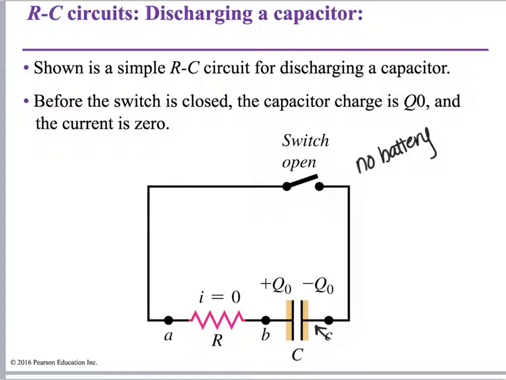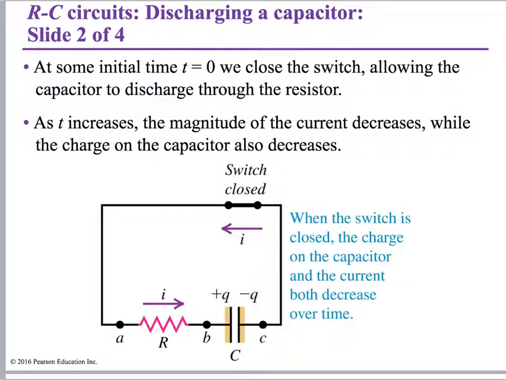Initially, when the switch is open, we don't have any current, but all the potential is across the capacitor with its maximum charge. Then over time, the charge is going to decrease once we close the switch. You can see the little q's are representing different values of the charge, because some of it has been used in the current going through the circuit.